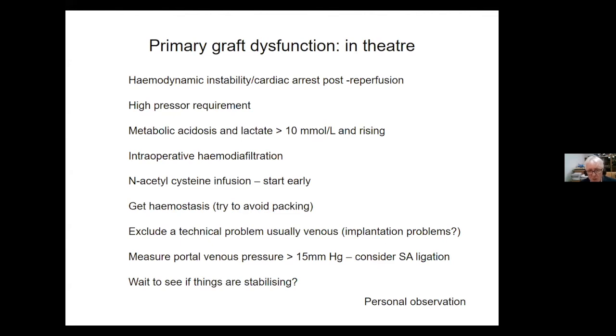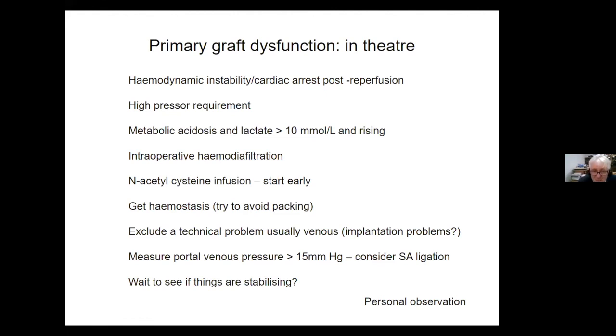So in a patient that you're worried about with early hemodynamic instability, high and rising pressure requirements with a persistent acidosis and high lactate, start hemodiafiltration early, intraoperatively. N-acetylcysteine may help.